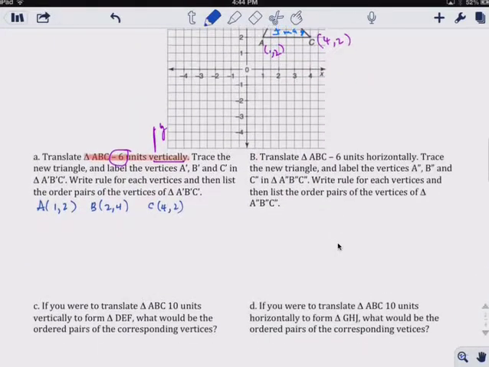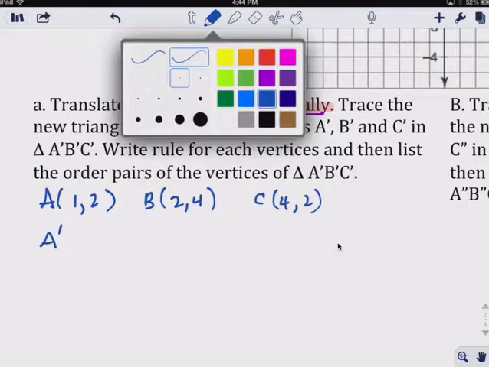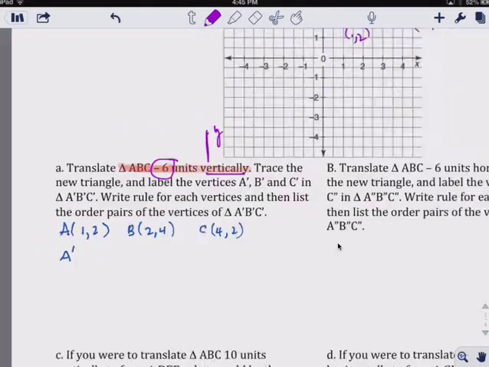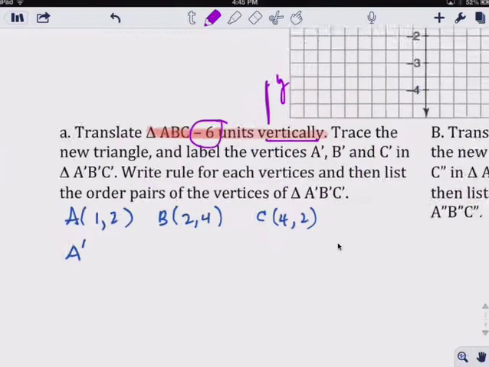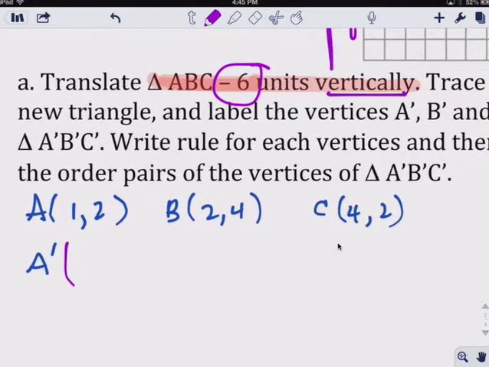Okay. Now, the new one, A prime, is the first image. We're changing y by -6 for all of them, because we have vertical, -6. Let me color a different color.